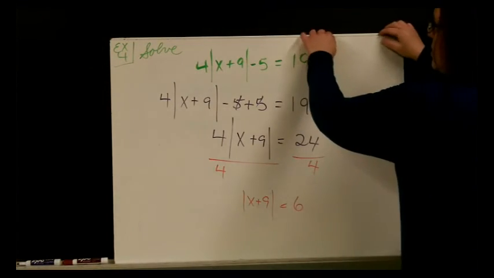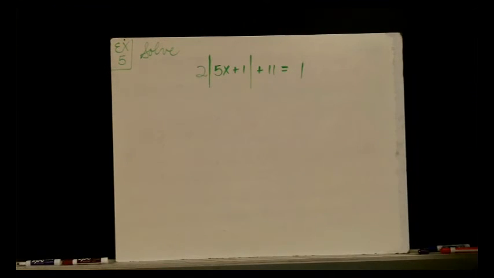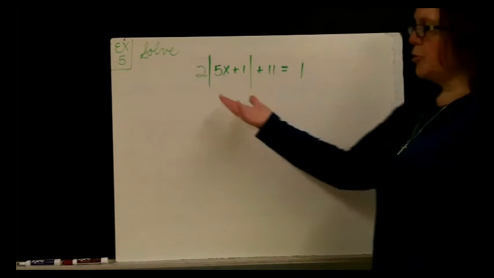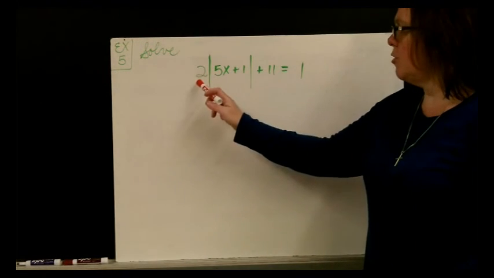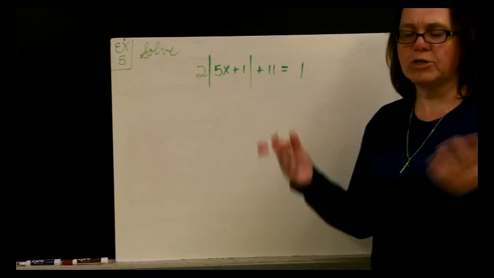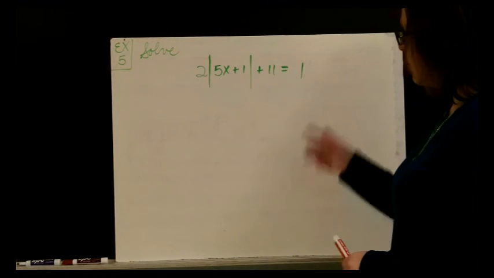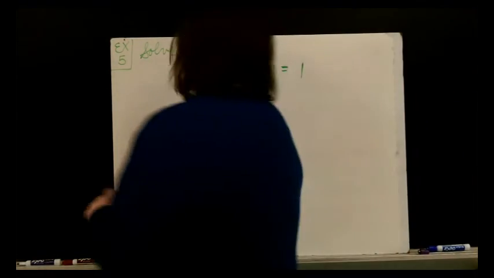Now we have one last example. This is very similar to the one that we just solved because there is a coefficient and there is a constant, but you must know that there's a twist, otherwise why would we spend the time doing two examples that were the same? But we're going to go ahead and solve it in the same way.